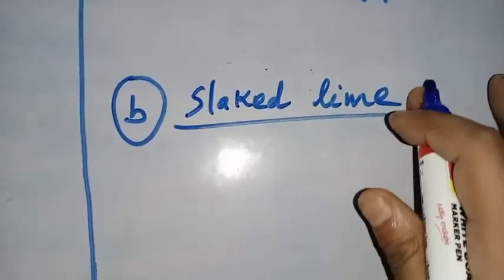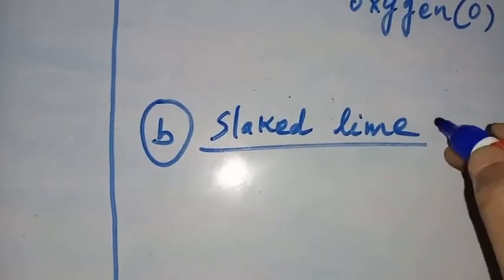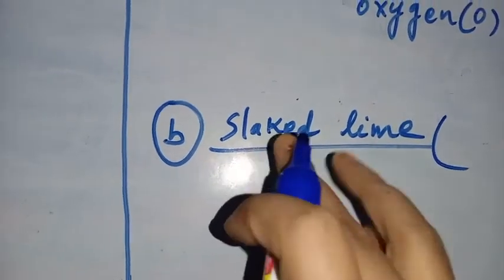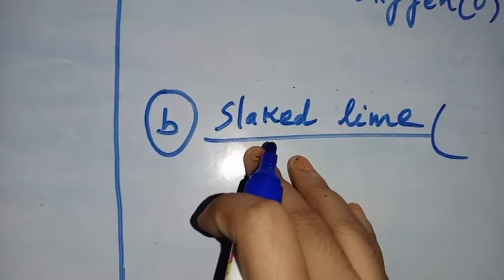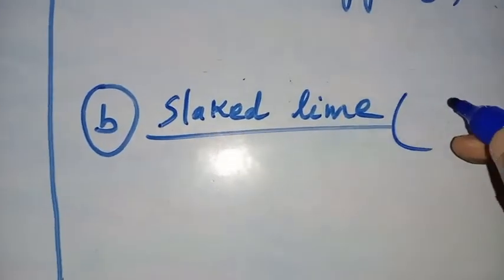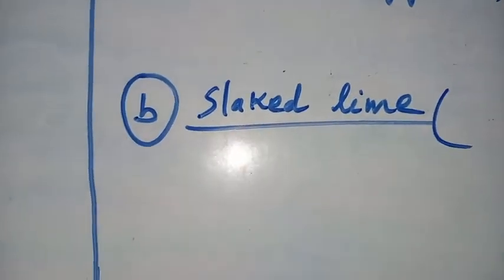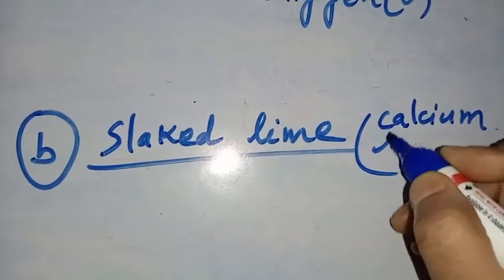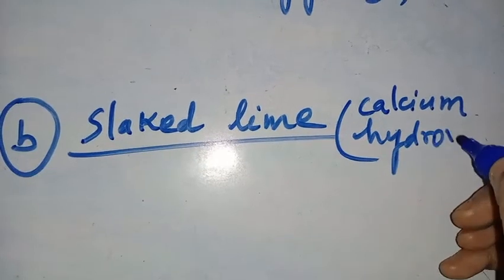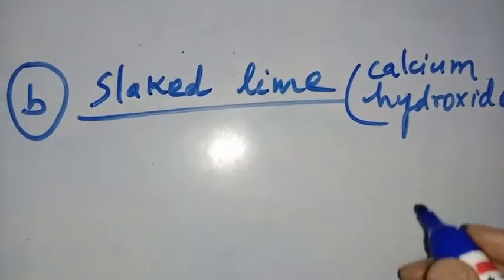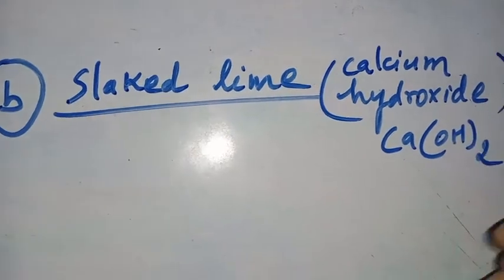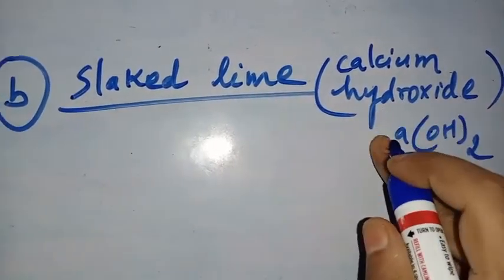Like that we can write for slaked lime. In the previous video also I mentioned the chemical name or IUPAC name of slaked lime. The chemical name of slaked lime is calcium hydroxide, and the chemical formula is Ca(OH)2. It is calcium hydroxide.